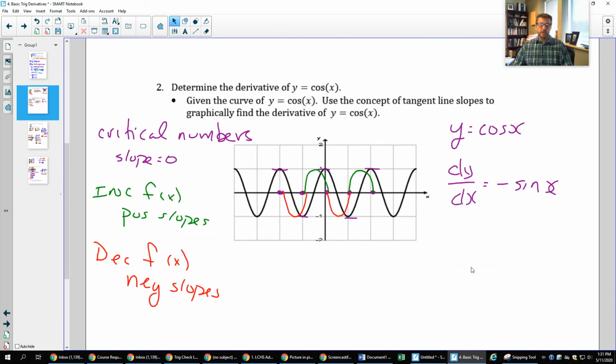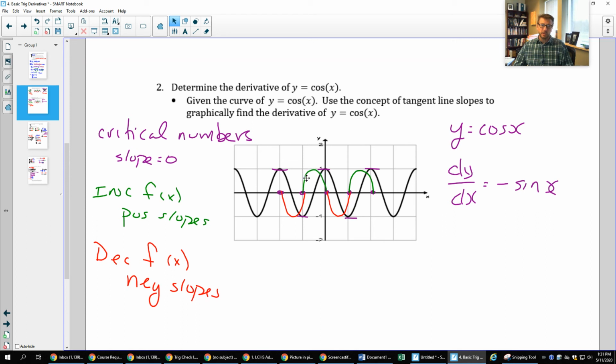We can do the same thing for the slope of a cosine function. What are your critical numbers? I found 5 critical numbers, and I put 5 zero slopes there. My function is decreasing, so I've got negative slopes. My function's increasing from there to there, so I have positive slopes.